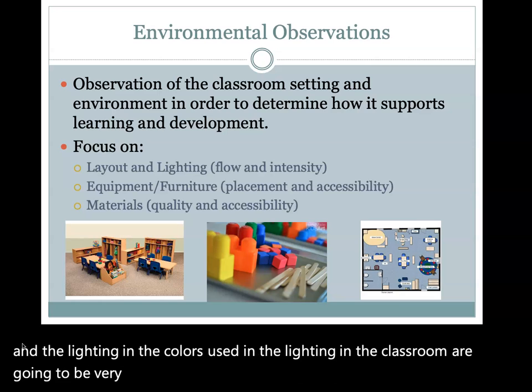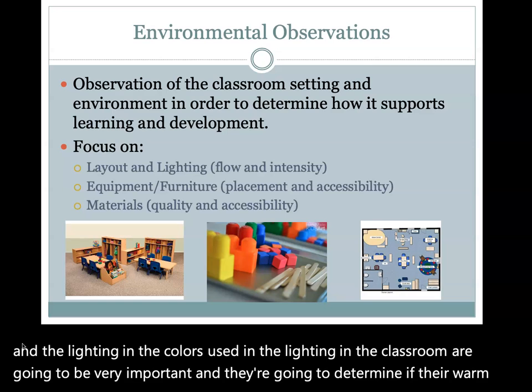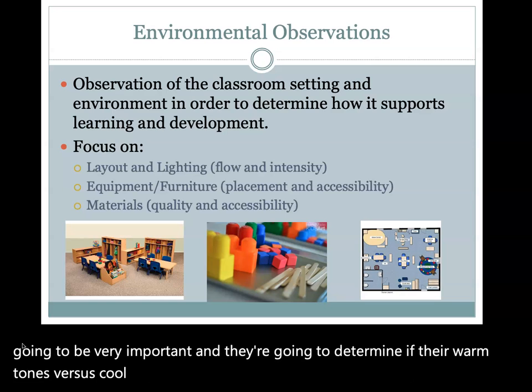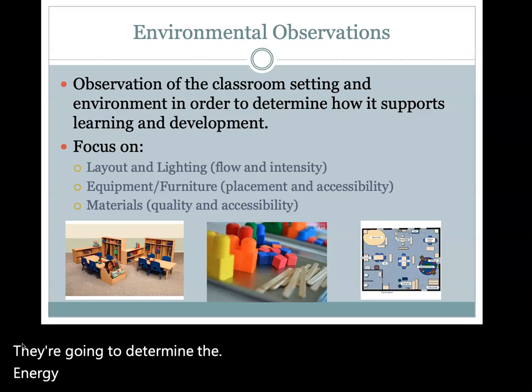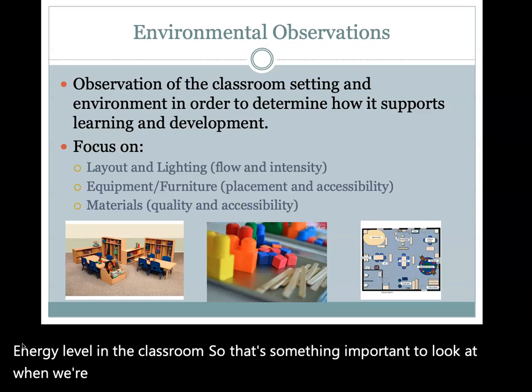And they're going to determine if they're warm tones versus cool tones versus pastel colors or bright primary colors. They're going to determine the energy level in the classroom. So that's something important to look at when we're doing environmental classroom observations to see how that is playing out in the room.